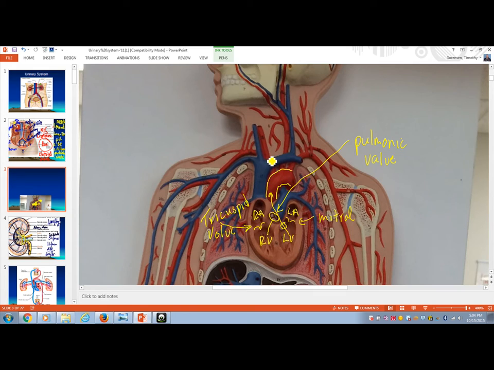There are three big arteries that come off the aortic arch. Going from right to left in the body, you have this big artery called the brachiocephalic artery.